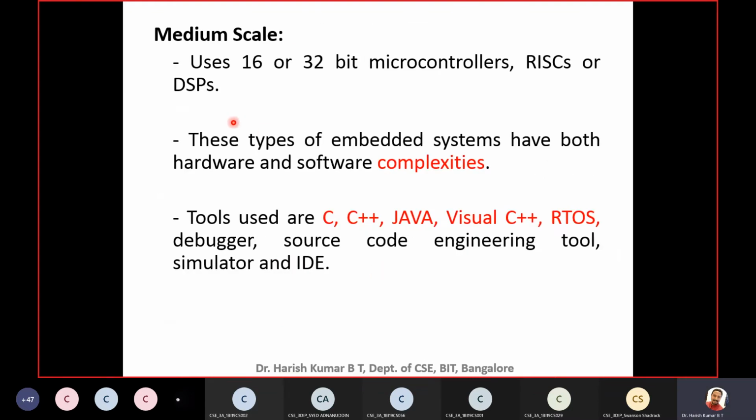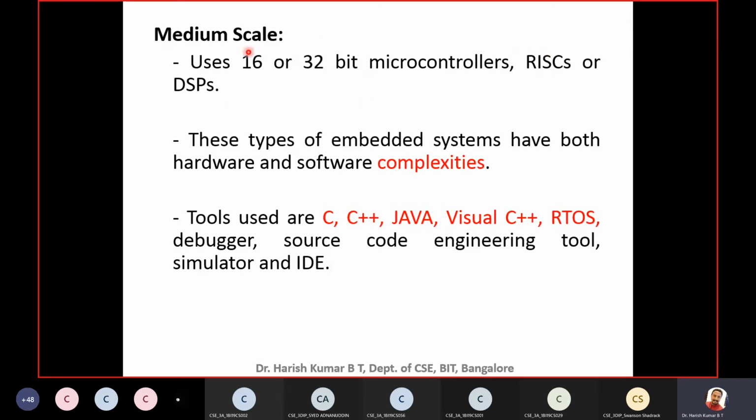Medium scale embedded systems use a 16 or 32-bit microcontroller, and they also adopt features from the RISC design philosophy, which we understood in our first module. We even saw that ARM has adopted certain RISC features. In general, any embedded system based on a 16-bit or 32-bit microcontroller implements certain features of the RISC design philosophy.